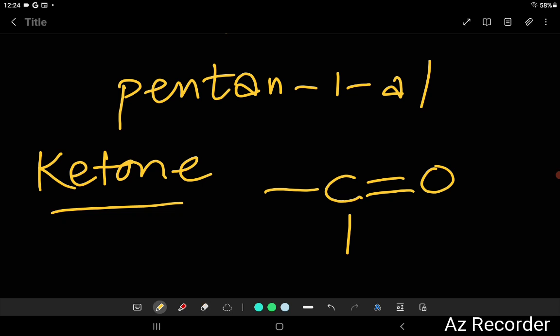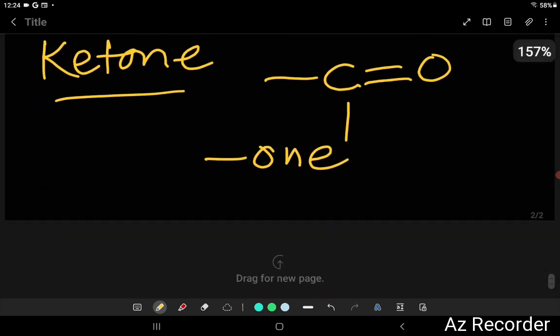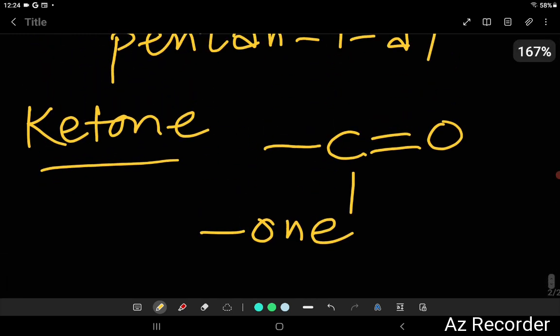So if ketone is present in an organic compound, we will write the name with "one", O-N-E, at the suffix position. How will you write the name? See the example here.